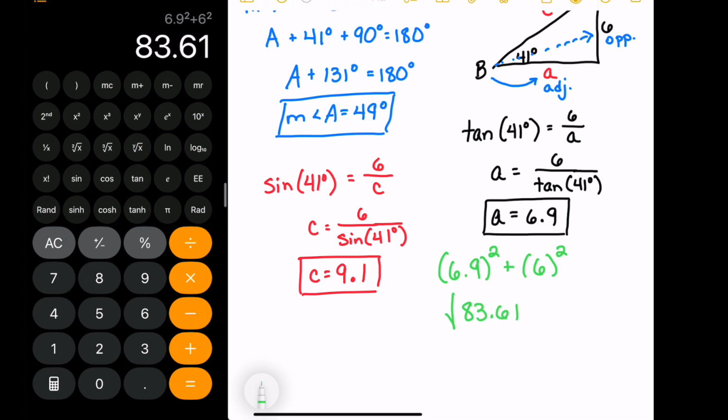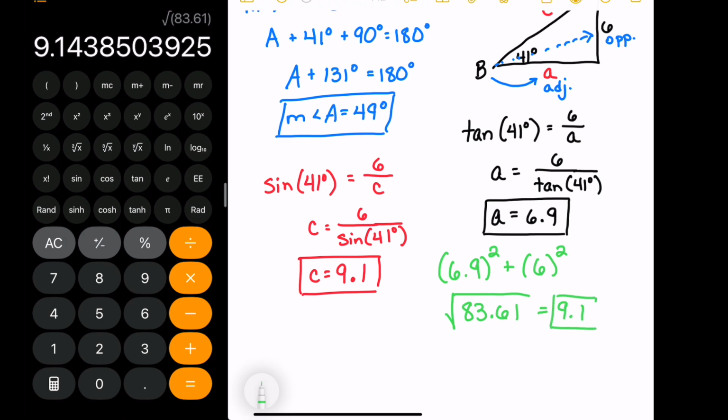And the square root of 83.61 is going to be about 9.1. There you go. So I got the same answer as if I did the Pythagorean theorem. So your choice, if you feel like using the sine function or using the Pythagorean theorem is faster, doesn't matter. Whichever one you like the best will get you the correct answer. So this is how you solve a triangle. Solving a triangle means all of the angles, all of the sides, you know the values.